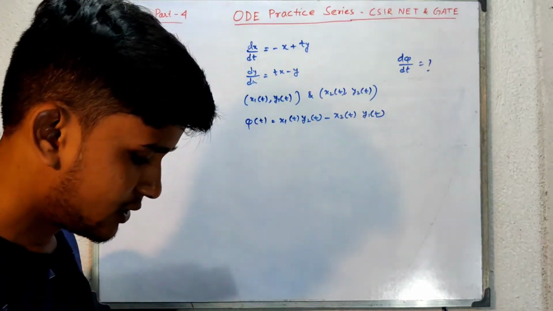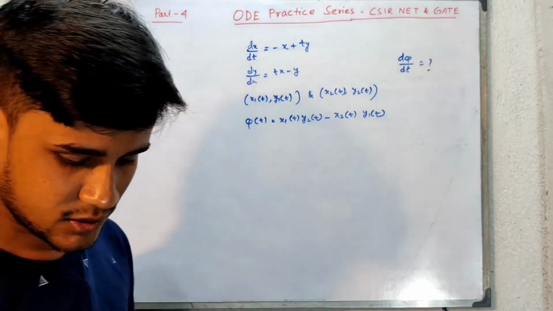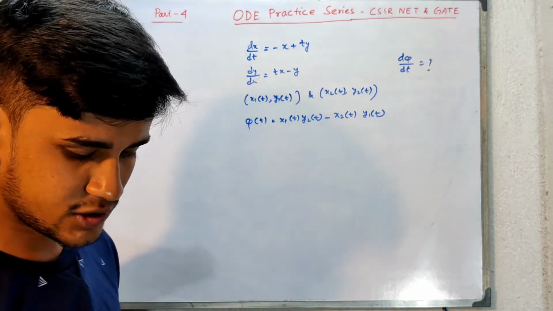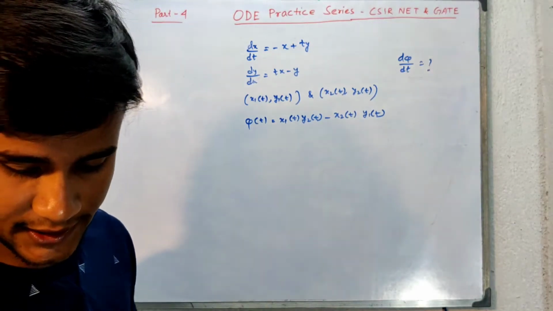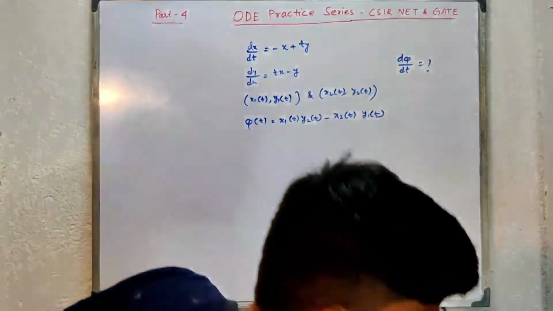Four options are given: A is minus 2 phi, B is 2 phi, C is phi, D is minus phi. So this is the question.